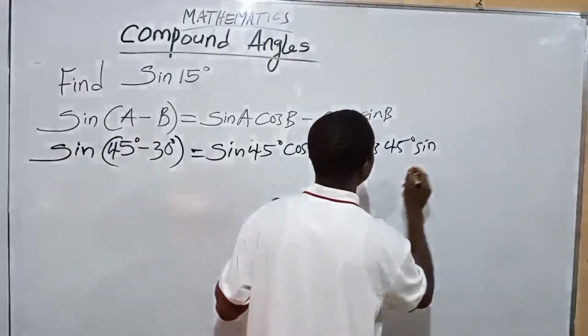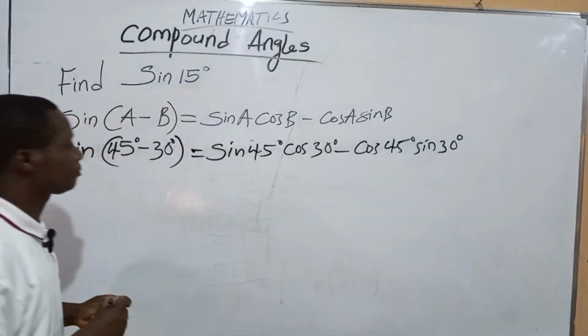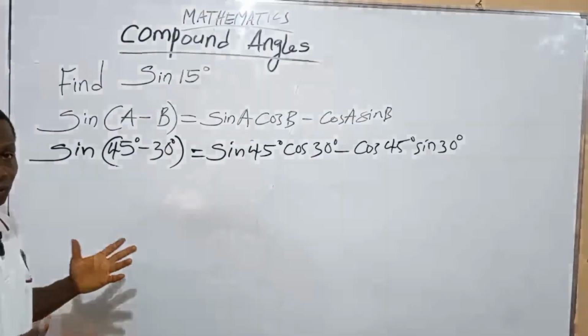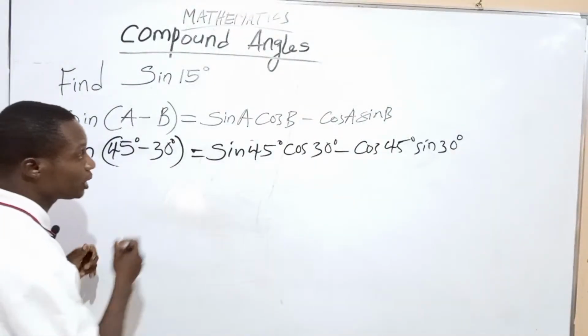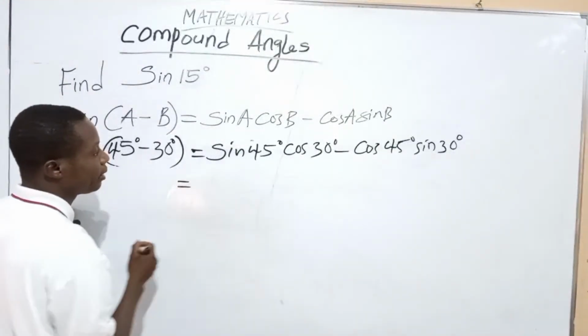Then sine 30 degrees. You can see it. It's not that long, just that I'm trying to make it look bolder and more visible so that you can see it very well, okay? Now, we are going to proceed like the way we did the other one. Just go ahead and we're not going to waste our time, okay?